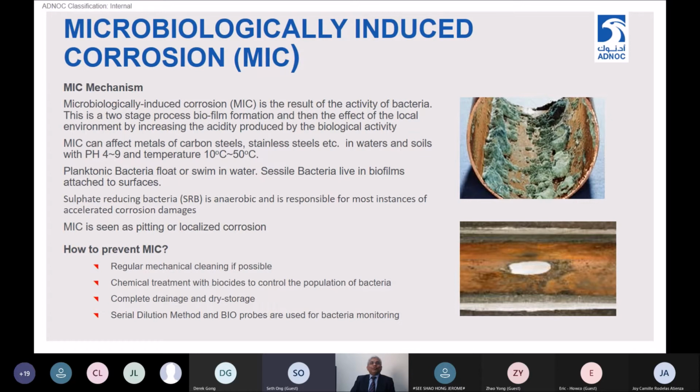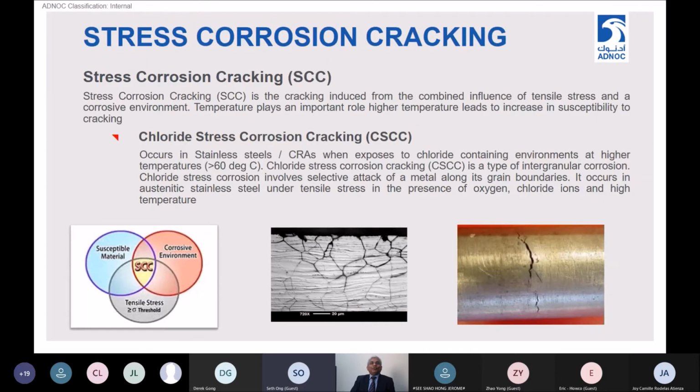And in oil and gas systems, wherever you have seawater contamination, you have the risk of sulfate-reducing bacteria as well. Stress corrosion cracking cannot be overemphasized at any point. It stands to be a major threat for most of the austenitic stainless steels and some of the higher alloys as well.